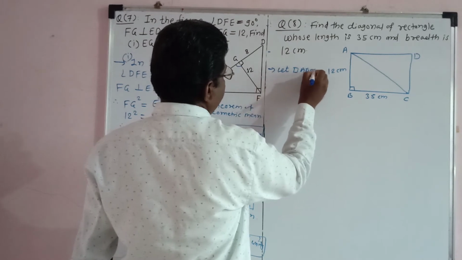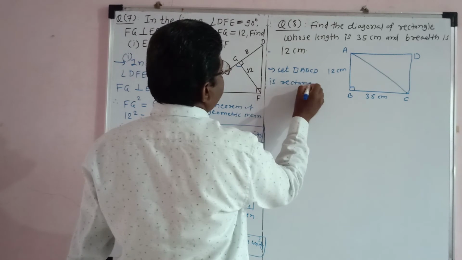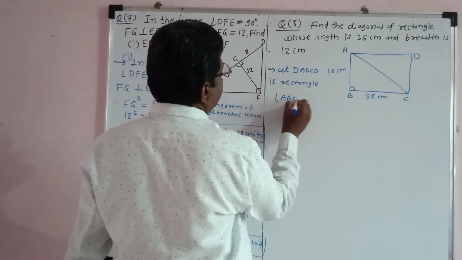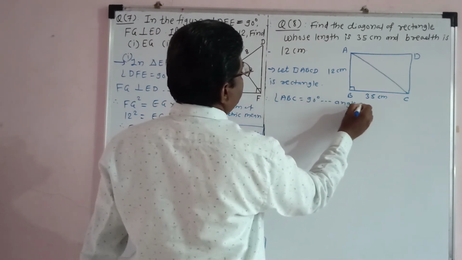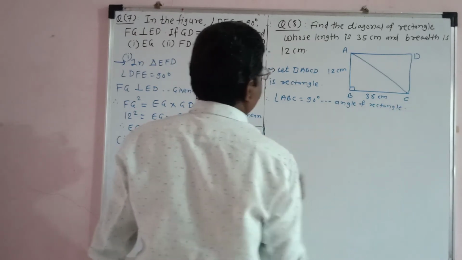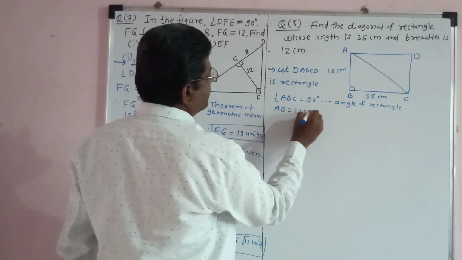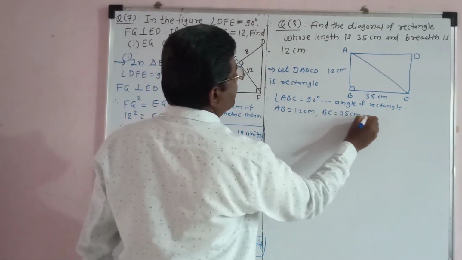Let quadrilateral ABCD be a rectangle. Therefore angle ABC is equal to 90 degrees. Reason is angle of rectangle. AB is equal to 12 centimeters, BC is equal to 35 centimeters.